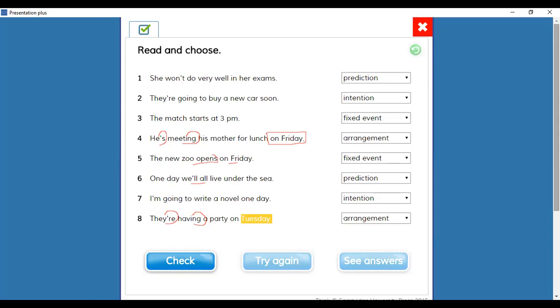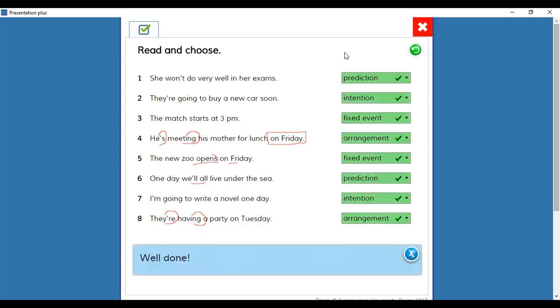So usually these kinds of events, arranging a party, going to the dentist, all sorts of things that are connected to people at events, they usually are arrangements.